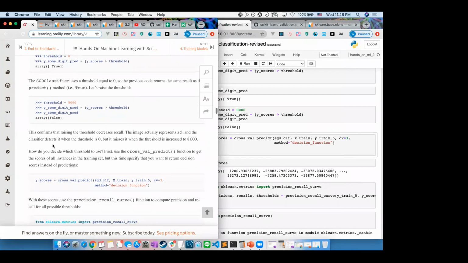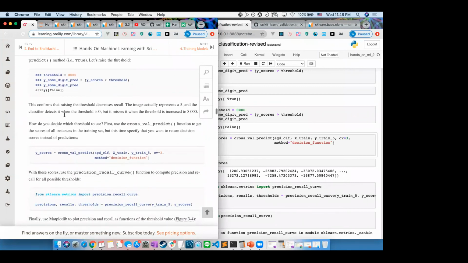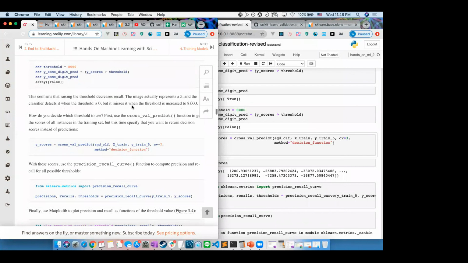Now, this confirms that raising the threshold decreases recall. The image actually represents a 5, and the classifier detects it when the threshold is 0, but it misses it when the threshold is increased to 8,000.